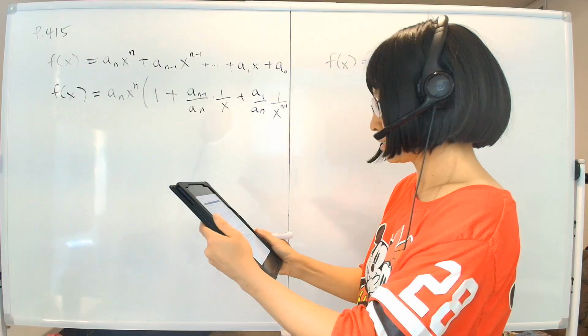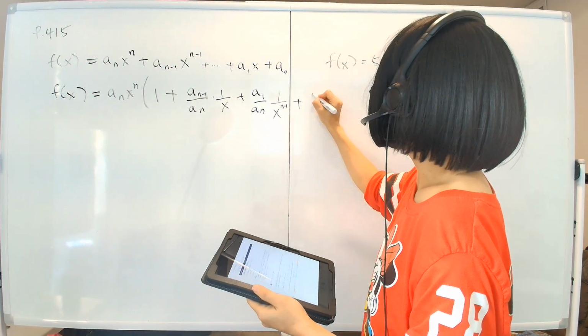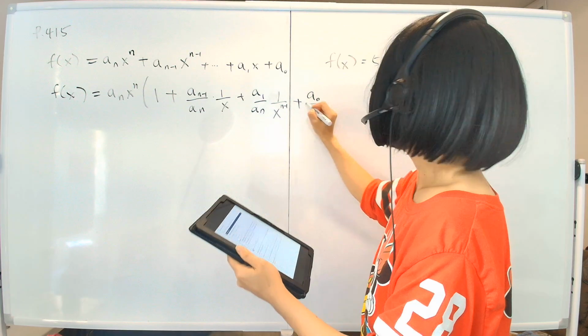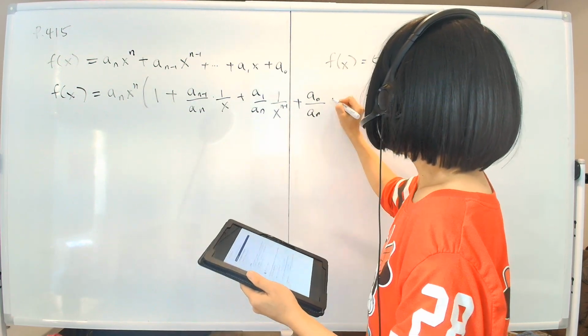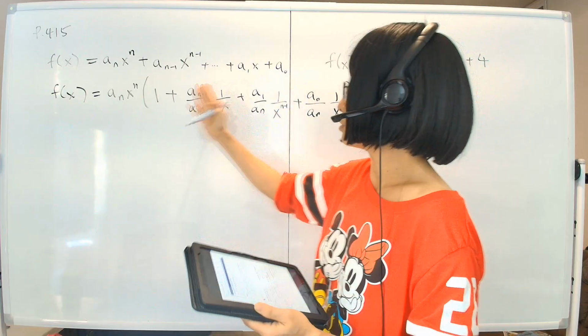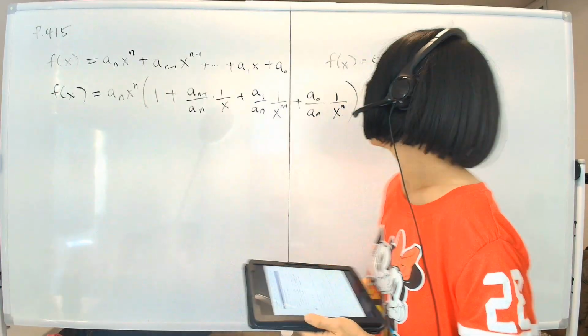And then eventually to the a_0, divided by a_n, and then x to the power n, because every single term is being divided by the first term.